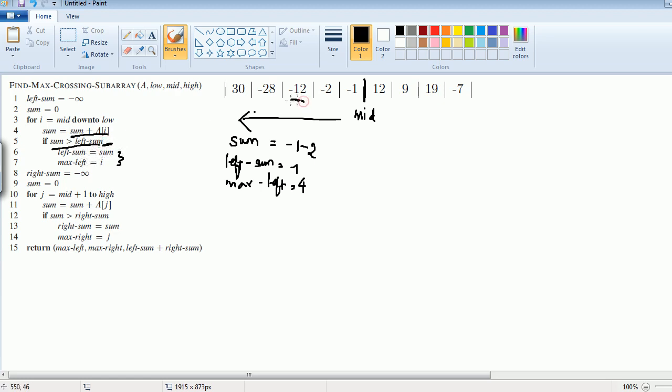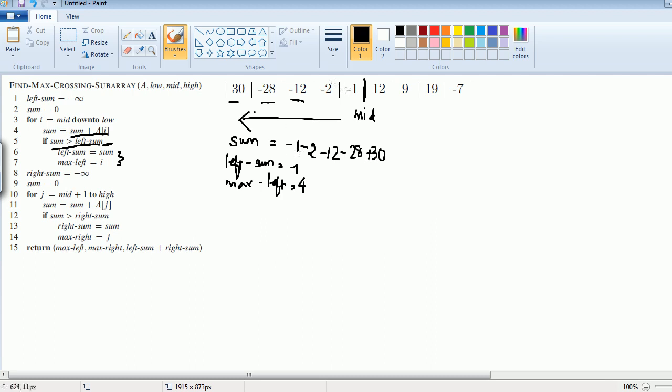The same happens with -1 and -28, but when it reaches 30, the sum will be -12, -28, and then plus 30. So what's the total sum here? Minus 14, 42, 30, minus 12, -1.